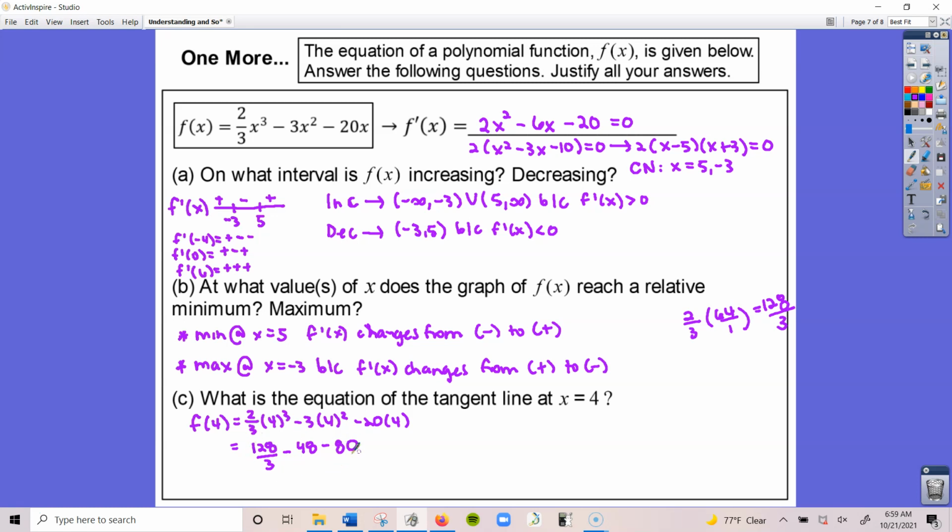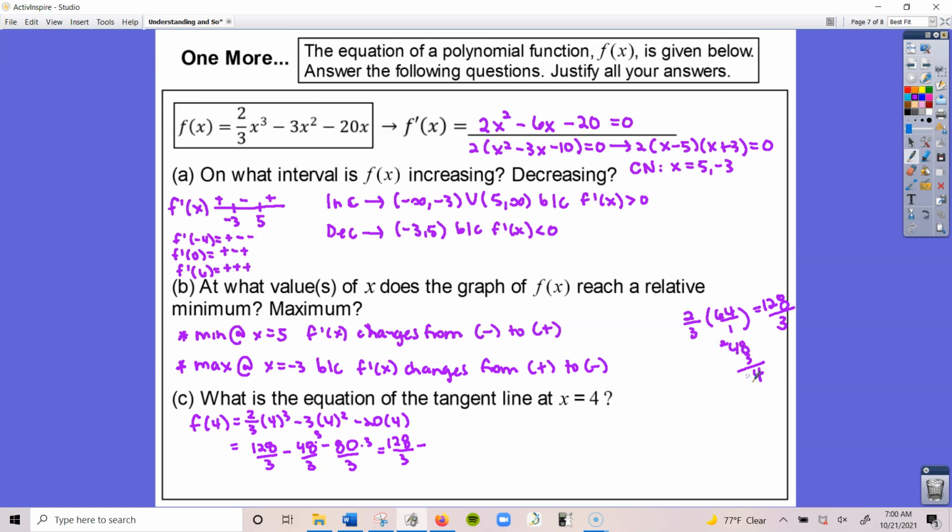Now, in order to get this number, we need to put everything over the common denominator, which in this case is 3. So if I put this over 3, I'm going to have to multiply the numerator by 3. And this over 3, multiply the numerator by 3. So what we get here is 128 over 3 minus 48 times 3 is, let's do that over here.